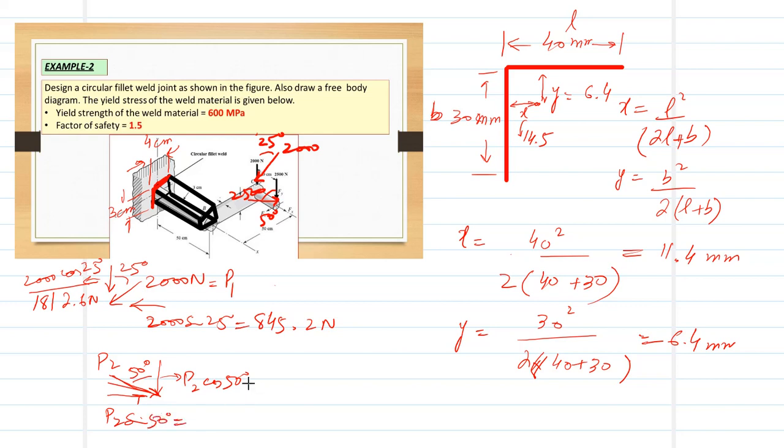P2 is 2500. 2500 into cos 50 degrees is 1606.9 Newton, and 2500 into sine 50 is 1915.1 Newton. Clear?